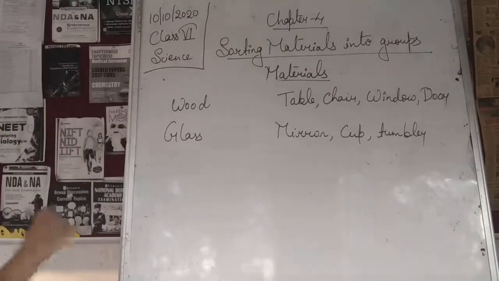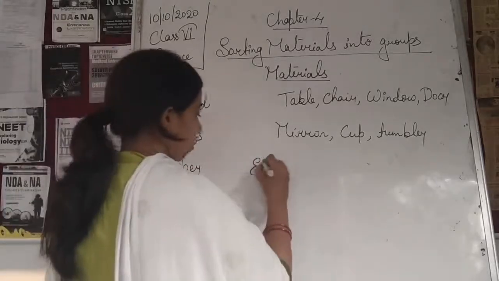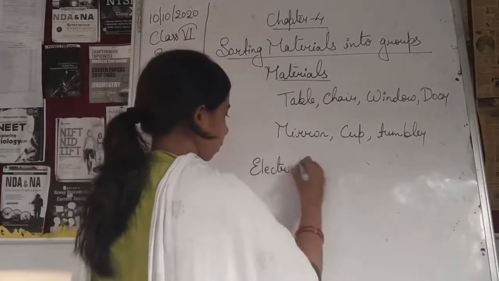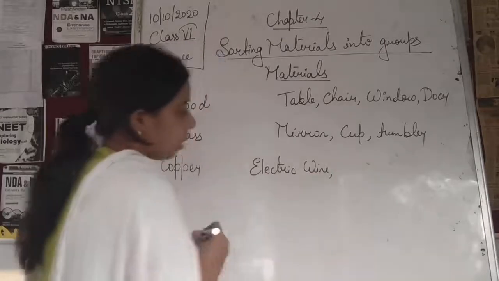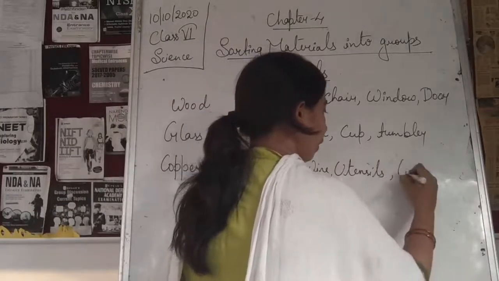Then copper: electric wire, utensils, coins.